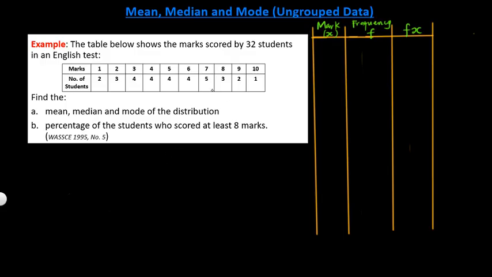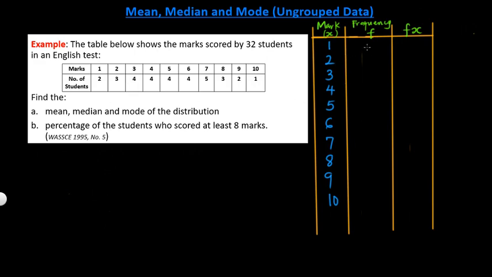So here we have the marks from 1 to 10: 1, 2, 3, 4, 5, 6, 7, 8, 9, 10. And the frequency of each of these scores, let's put them there.